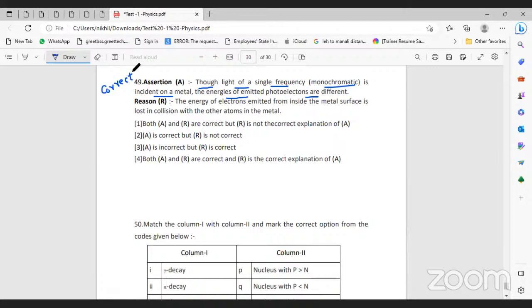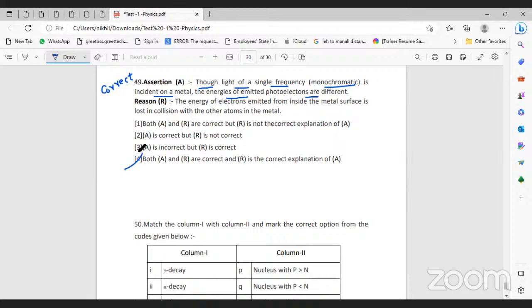Coming to the reason part. Energy of the electron emitted from inside the metal surface is lost in collision with other atoms in the metal. Definitely, because whenever the electrons have collisions with other electrons in the different atoms, there will be a loss of energy. So the reason is also correct, and it is a correct explanation for the assertion.